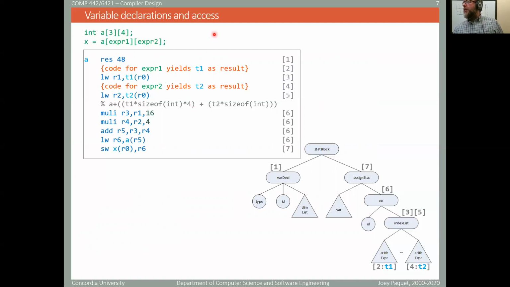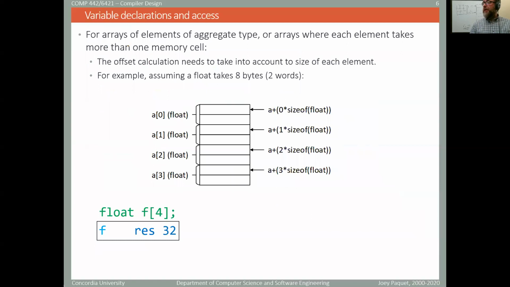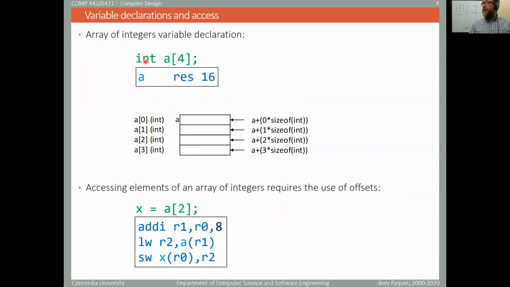Okay, so what if, for example, I have an array of 3 by 4 integers? One of the previous examples was doing an assignment like this. But what if you have a 2-dimensional array?